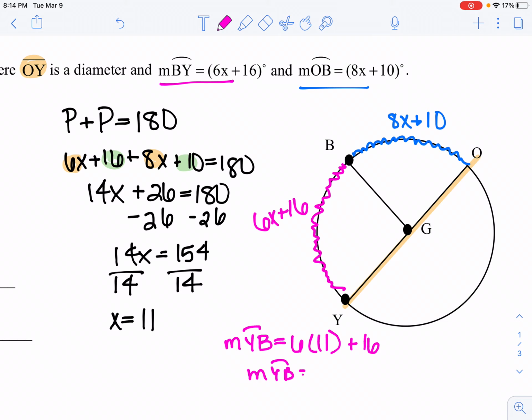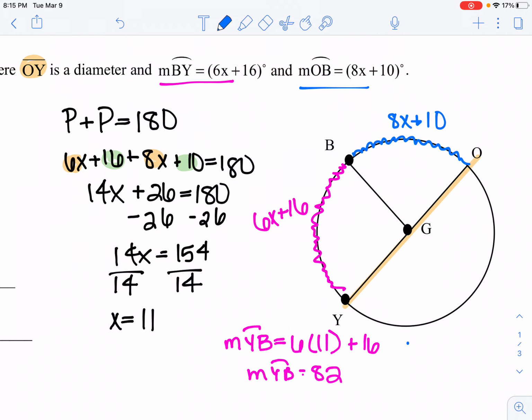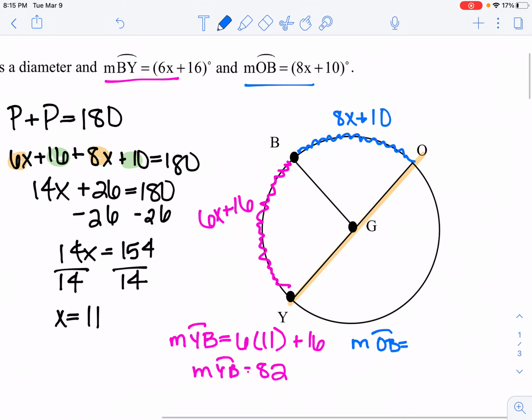Then when you substitute in for the measure of arc OB, 8 times 11 plus 10, the measure of arc OB is going to be equal to 98.